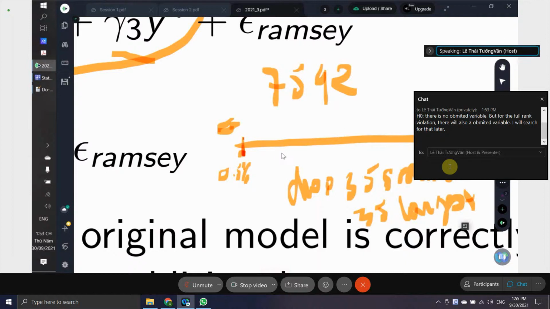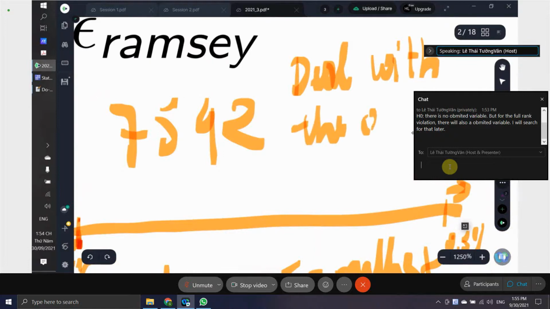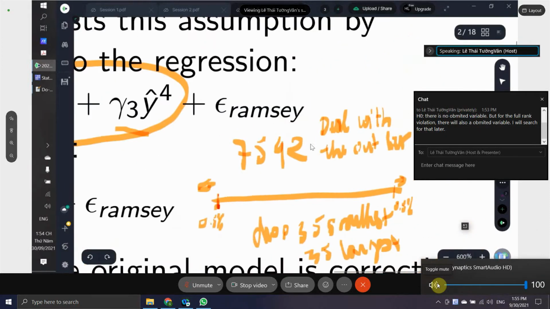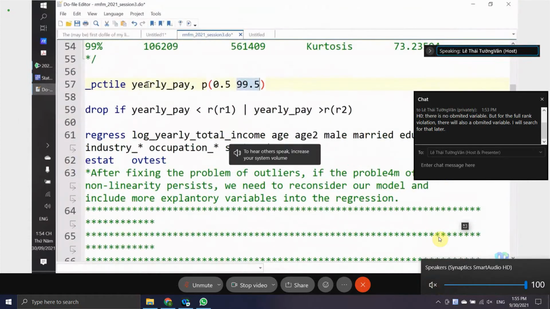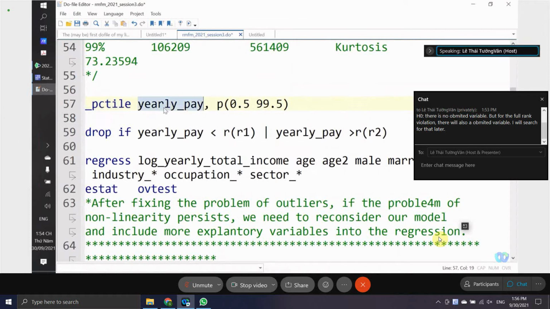And when we do this, we are dealing with the so-called outlier. If I do that, ladies and gentlemen, let's see. In Stata, you use the command _pctile, you give the variable name next and then you give the percentile.